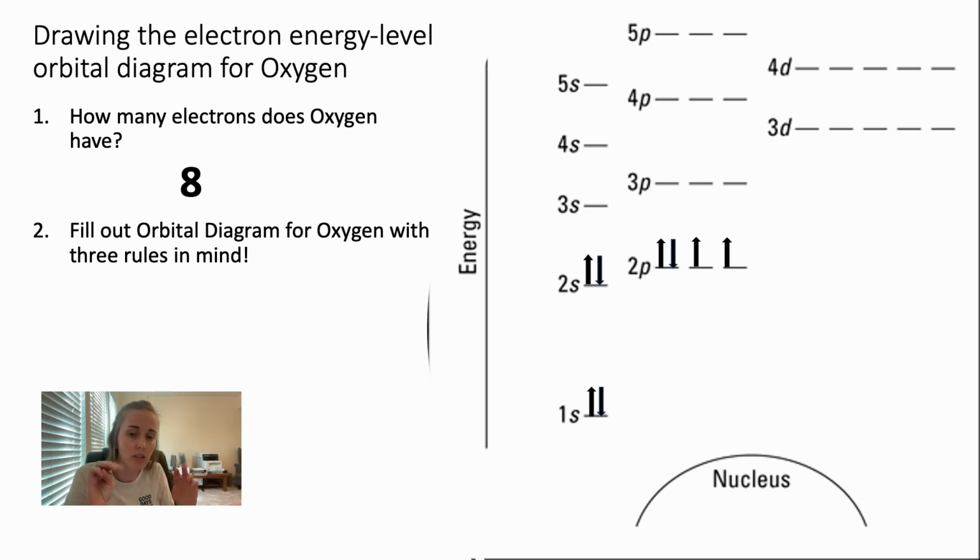And what we know about those electrons is 2 of them are somewhere in this ball-like pattern in the 1s, the first energy level. And then 6 of them are going to be in this second energy level, in this ball-like pattern and in this dumbbell pattern.